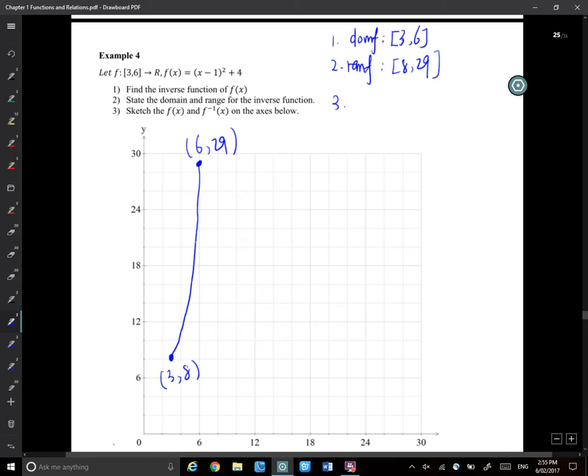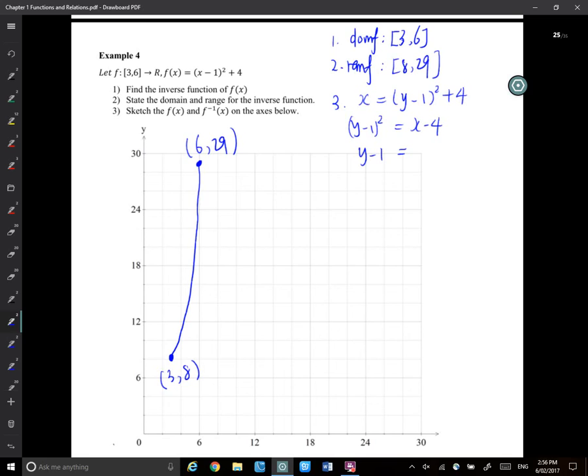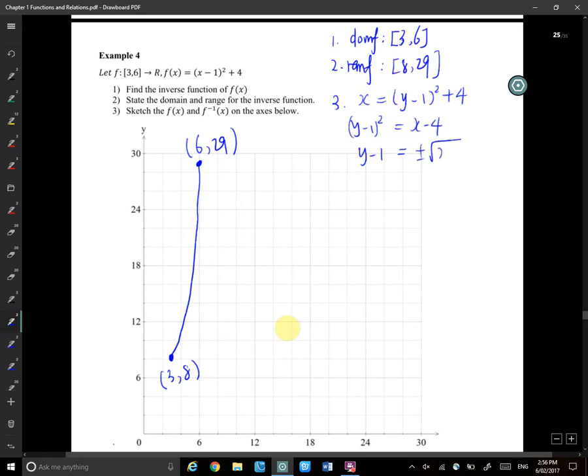Number 3, I will swap x and y positions. So x equals (y minus 1) squared plus 4. So (y minus 1) squared equals x minus 4. What does y minus 1 equal to, everyone? Plus or minus the square root of x minus 4.